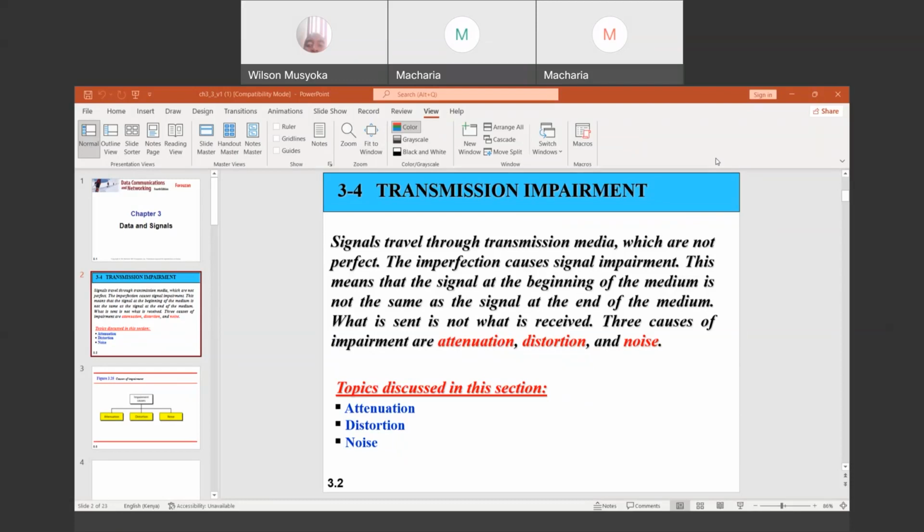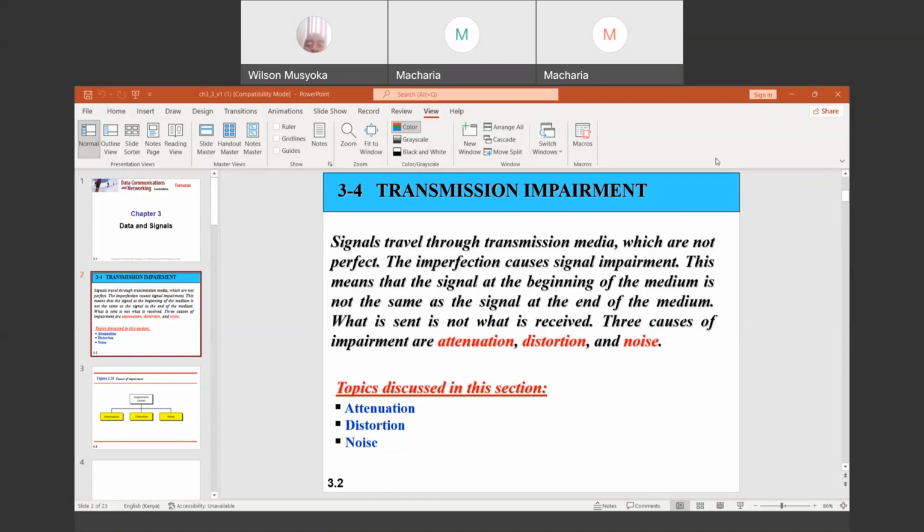There are basically three types of transmission impairments: attenuation, distortion, and noise. Now, we are looking at signals that are being transmitted as either analog or digital signals, because in our previous class we said that signals can be transmitted as either analog or digital.